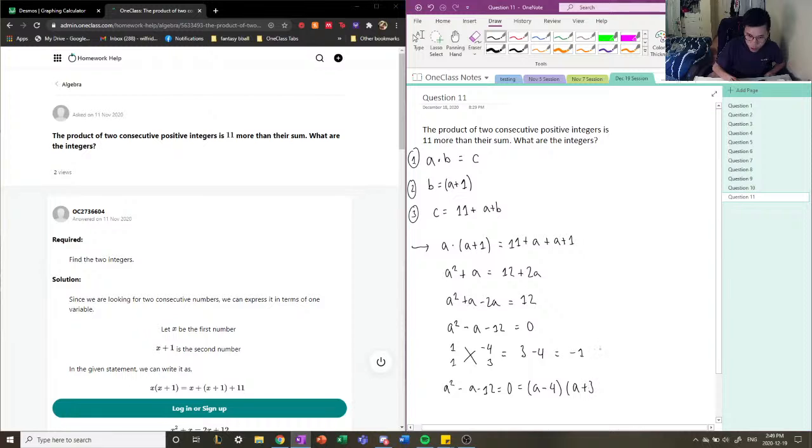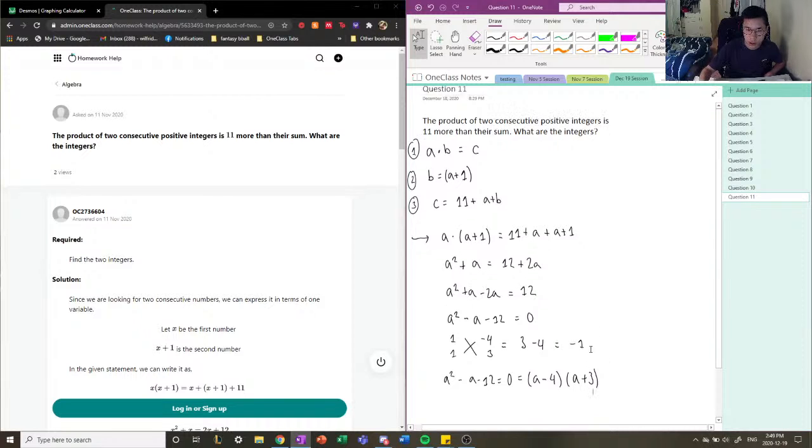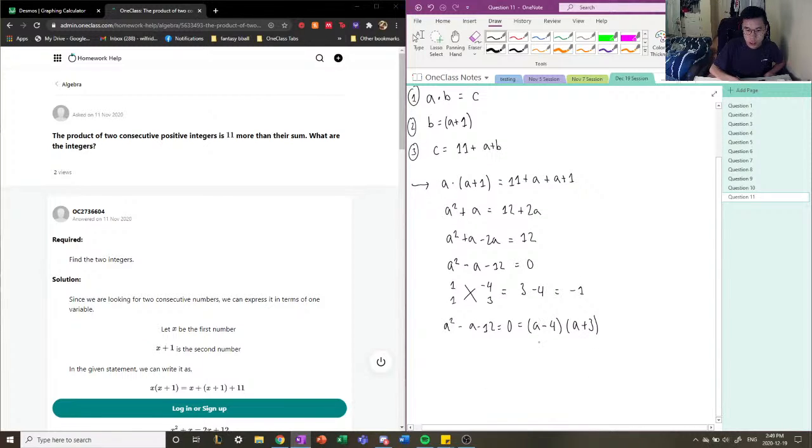Now we can find the solutions to this equation more easily. We just need to find when a minus 4 is equal to 0 and a plus 3 is equal to 0, and that is when a is equal to 4 and a is equal to negative 3. So now we have two values of a that make this equation true.